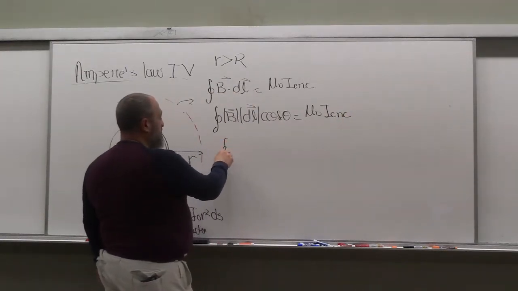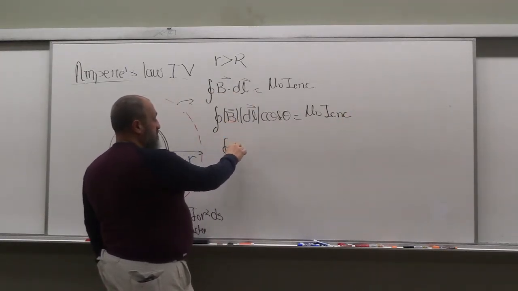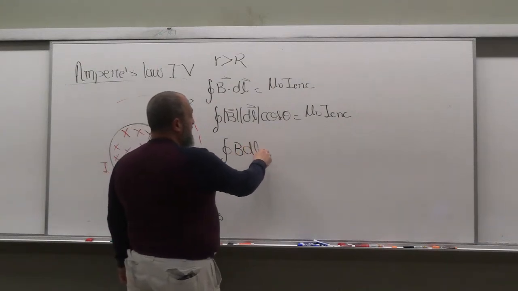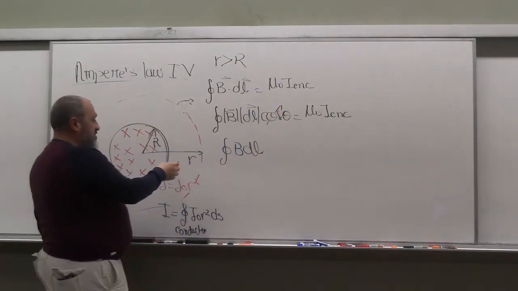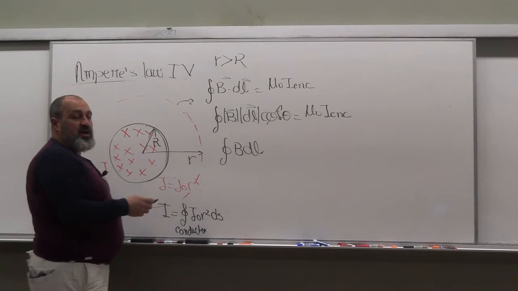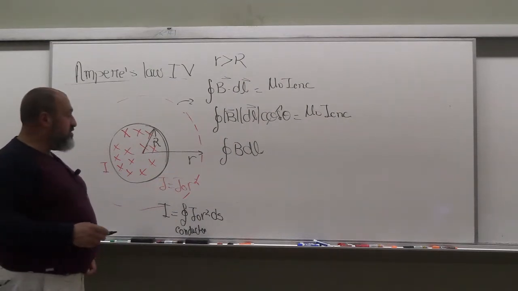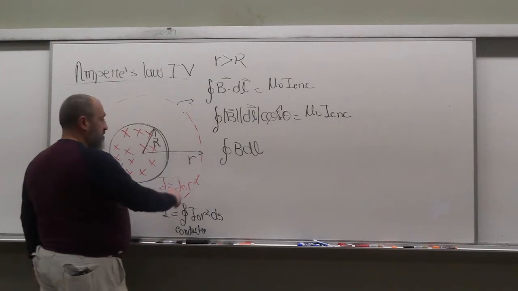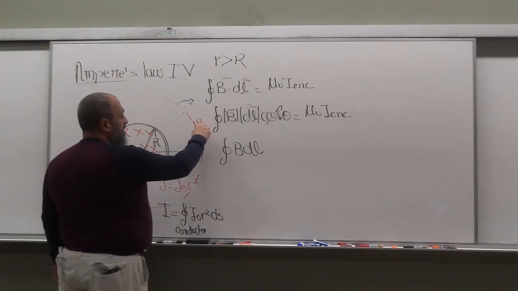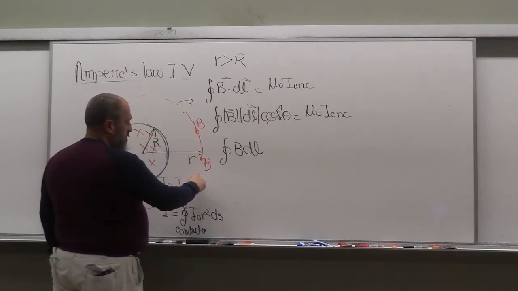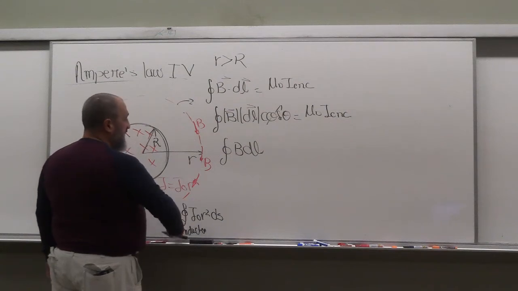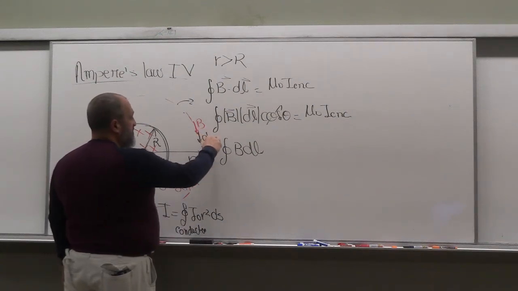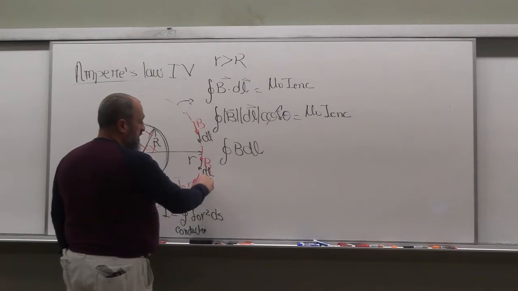And this is the integral of, well, now B is just B, dl is dl, and we picked our Amperian loop so that the field points parallel to the Amperian loop, and dl is always parallel to B, right?